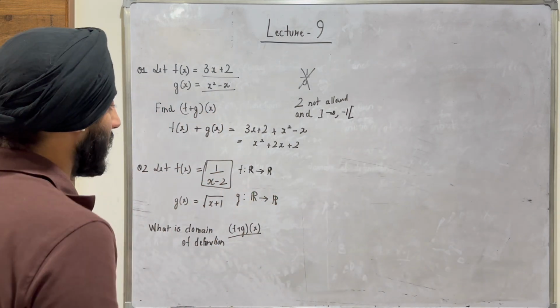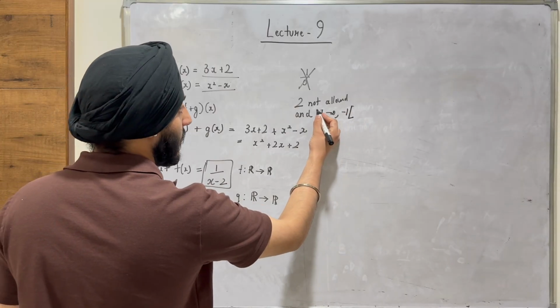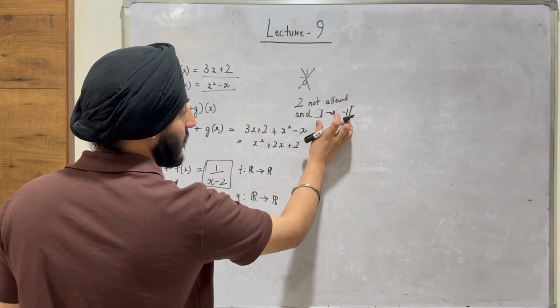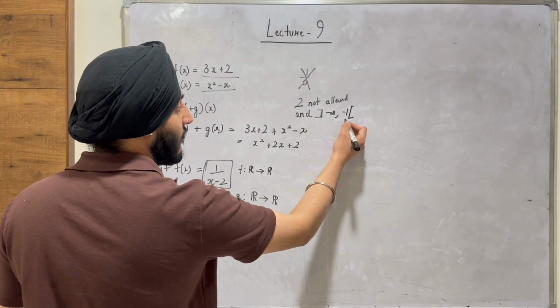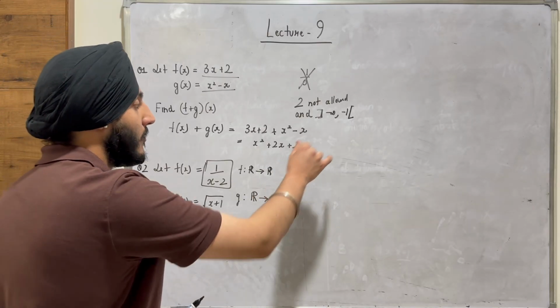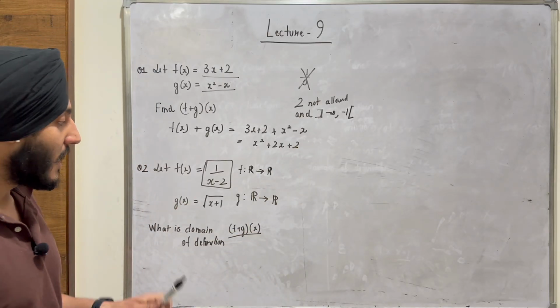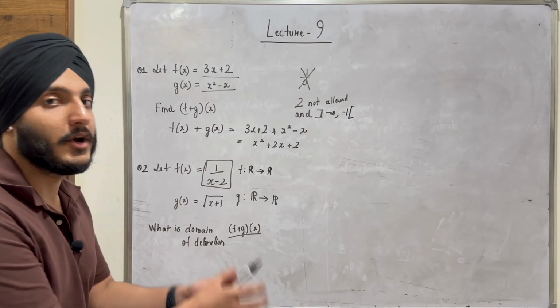So 2 is not allowed, and all the numbers from -infinity to -1, not including -1, are not allowed in this case. The basic point is I cannot input values into the equation for which the result is going to be undefined.